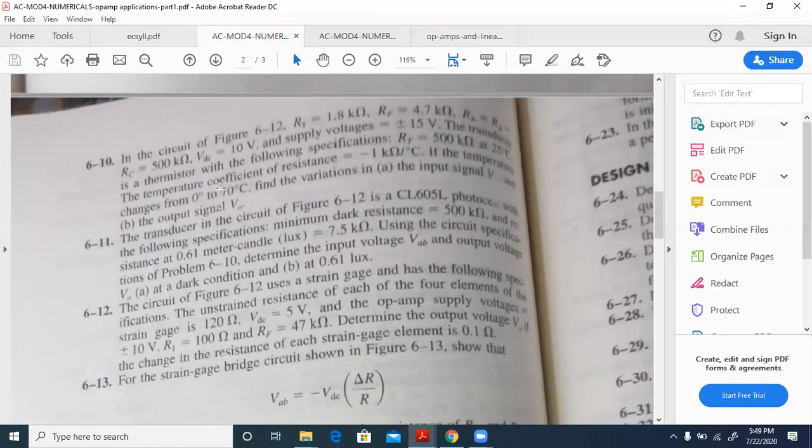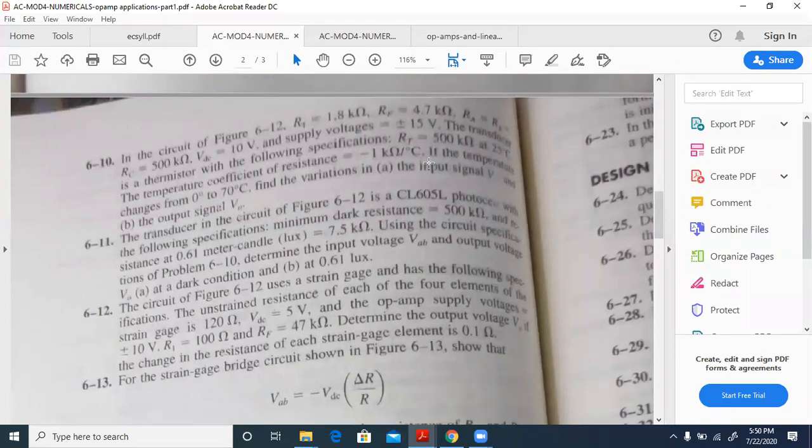At 70 degrees it will be 500 minus 45, that is 455 kilo ohms.